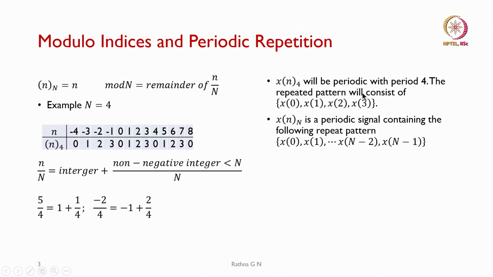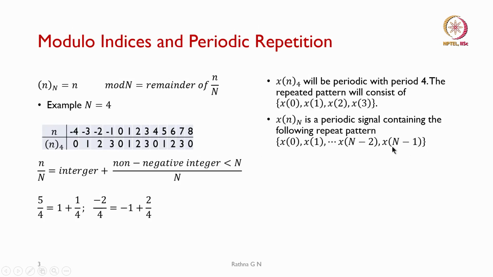The repeated pattern will consist of x of 0, x of 1, x of 2 and then x of 3, and the length is N. Then we say that the repetition is going to happen after x of N minus 1 samples.